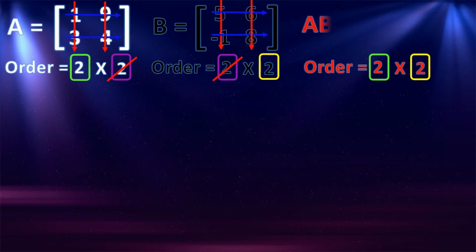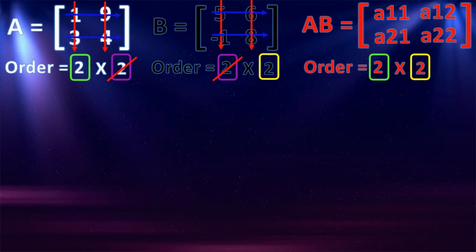Now check the style of AB. The elements will be A11, A12, A21, A22. These are written as per their row and column positions.